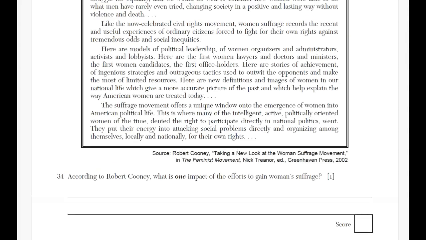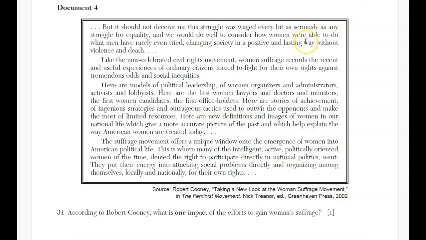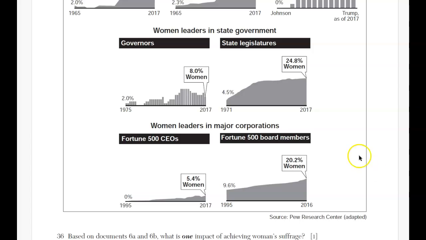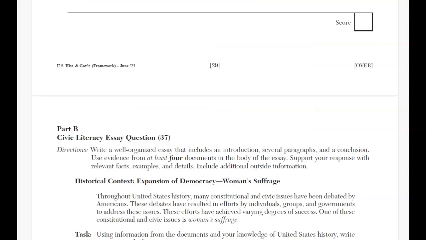And then the impact, you can talk about the changes in attitude, in tactics for other social groups, and the fact that women did win that 19th Amendment and did get elected to office, even if it wasn't as successful as they would have liked. And you covered all your bases for this DBQ.